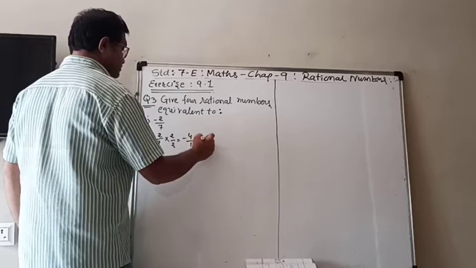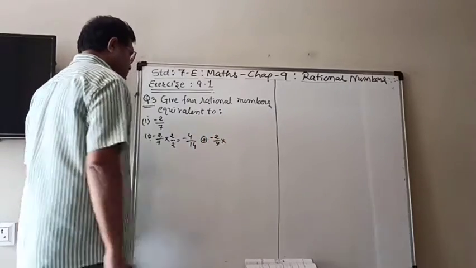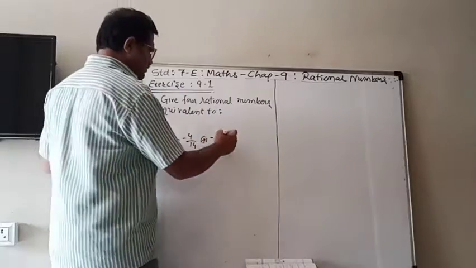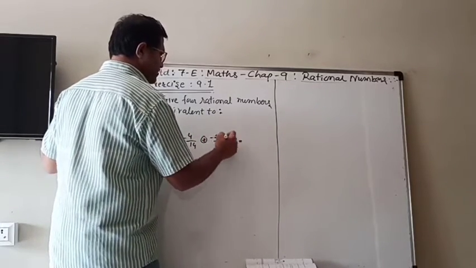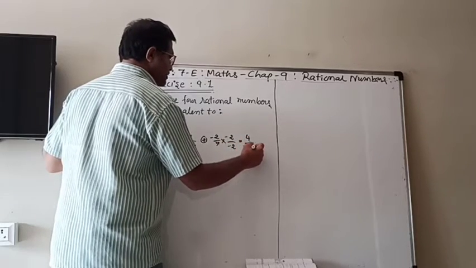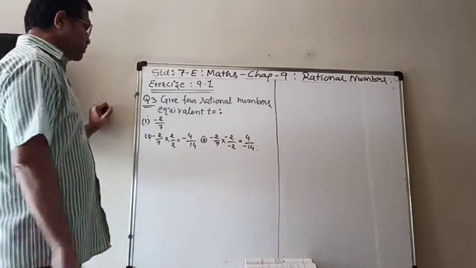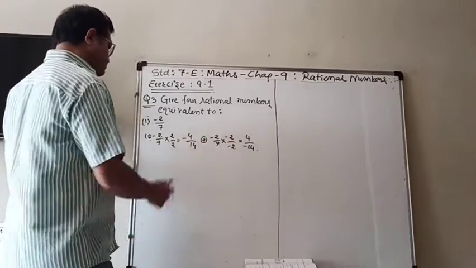That is the first one. Second one, you can multiply minus 2 upon 7 with negative numbers also: minus 2 upon minus 2. Minus minus will be plus, so 4 upon 7 twos are minus 14. So you can take minus 4 upon 14 or 4 upon minus 14 also.